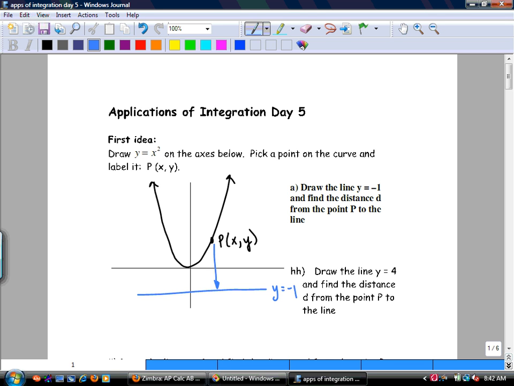What's the distance? Yeah. It's just y minus 1, is it not? Folks. Hello?